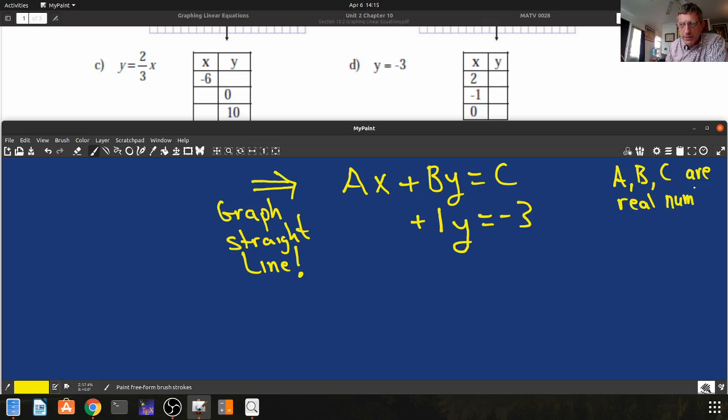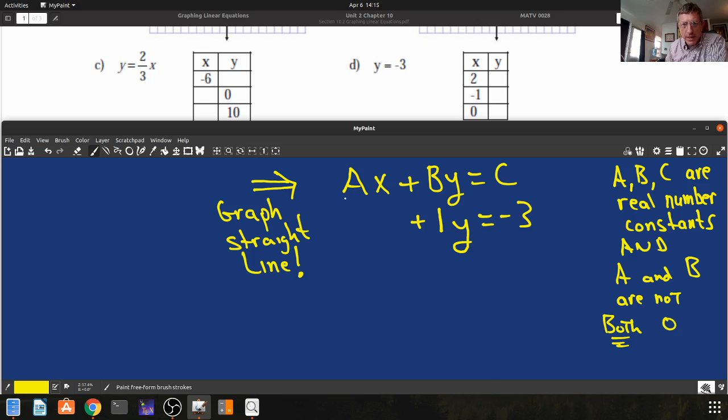I say constants because they're not variables. They don't change. They're fixed. And there is one other condition: a and b are not both 0. In this case, b's not 0, so that means a can be 0.